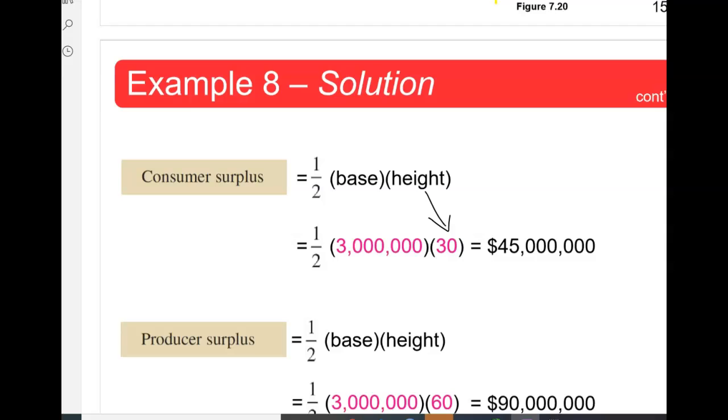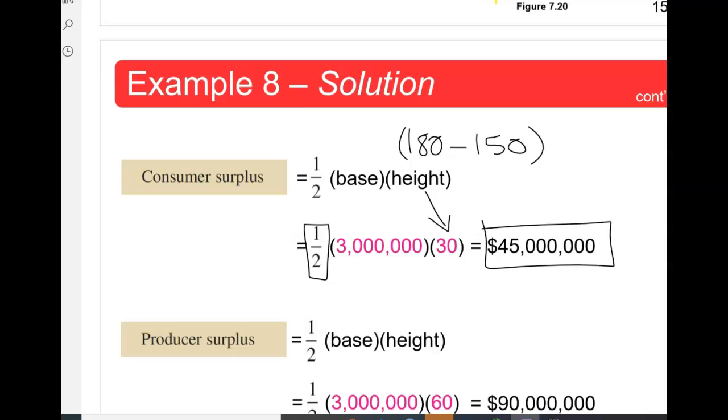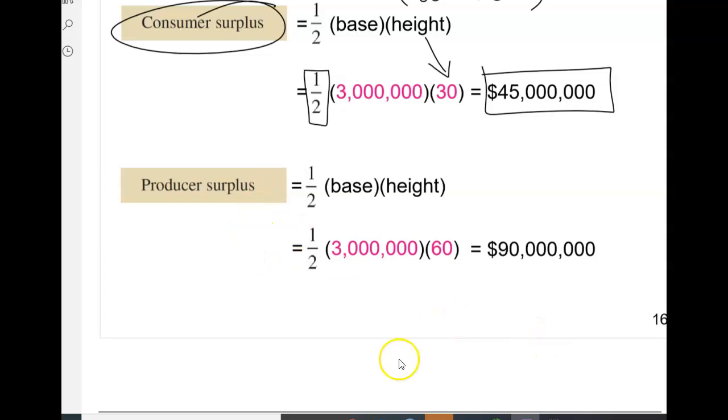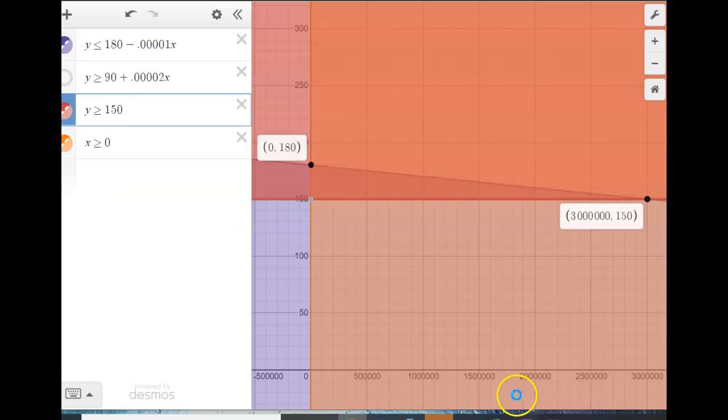So this height will be 180 minus 150, okay? Don't forget that. And then if we multiply that and divide by 2 or multiply by 1/2, we will get $45 million of consumer surplus.